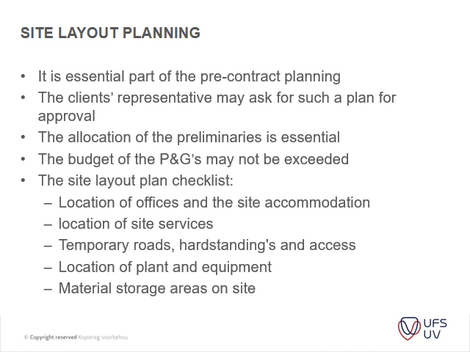And then just on that P&Gs, that's very important, because this is where most of your profit will lie, within your P&Gs. The quicker you're off site, the more profit you will make.